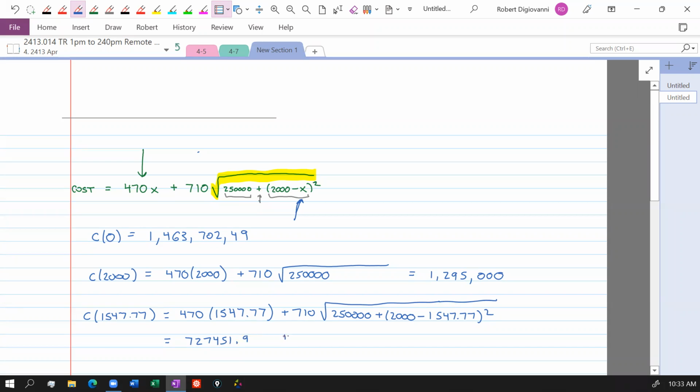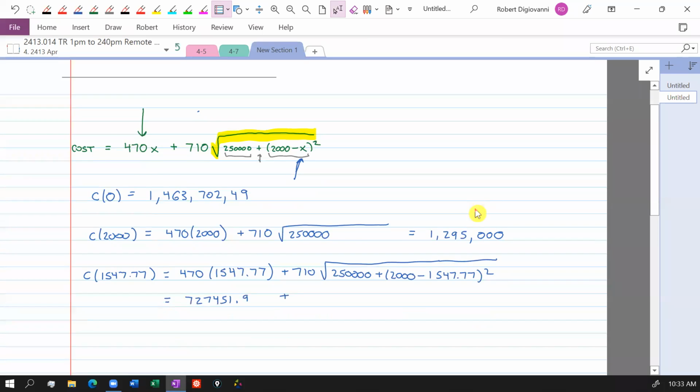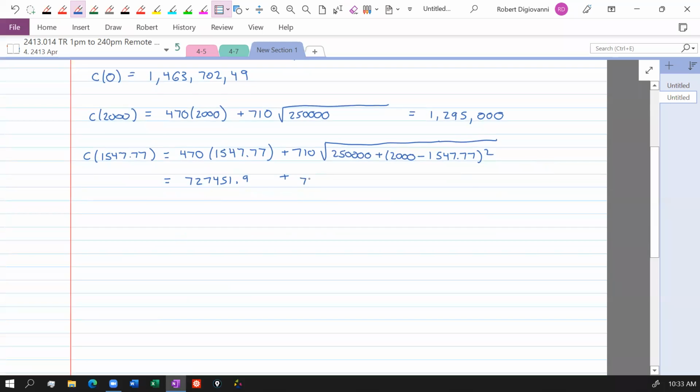Okay, 470 times 1547.77 gives me 727,451.9 plus 710 times the square root of, let me do all this on my calculator. I'm taking 2000 and subtracting 1547.77. I did what's in here first, now I'm going to square that answer, and then add the 250,000.